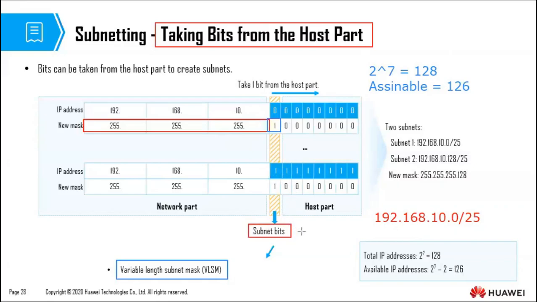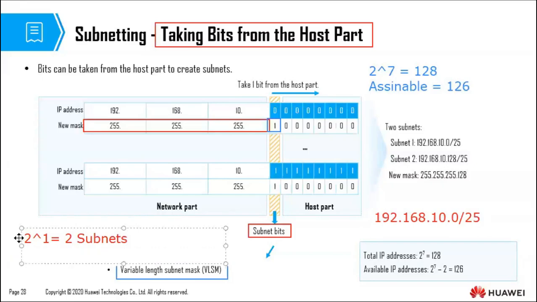When we borrow 1 bit, how many subnets do we create? 2 raised to power 1. If we borrow 2 bits, how many subnets do we get? If we borrow 3, we get 8 subnets. So for now, we've just borrowed 1, so we get 2 subnets.